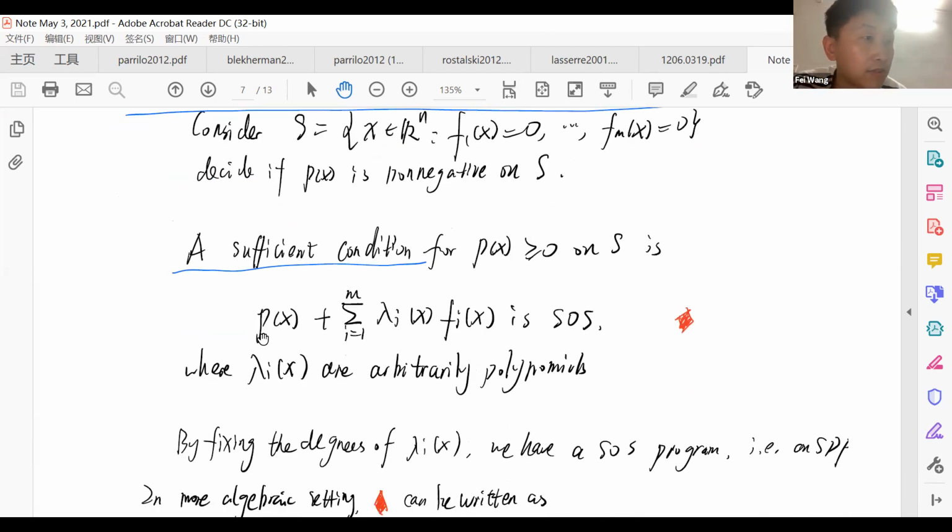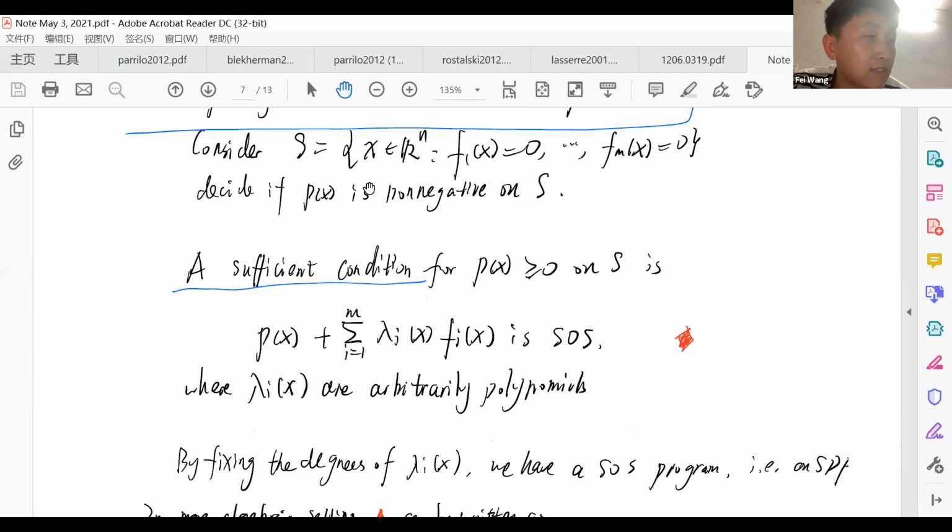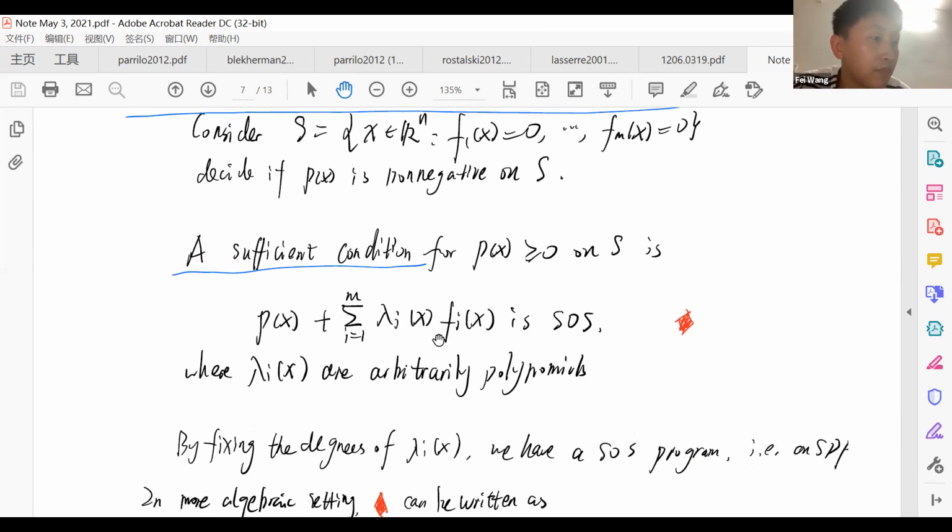We use some multipliers: p(x) plus the sum over i equals 1 to m of lambda_i(x) f_i(x) is a sum of squares. This is easy to see. If this is a sum of squares, then on S all these f_i vanish, so p(x) will be non-negative.